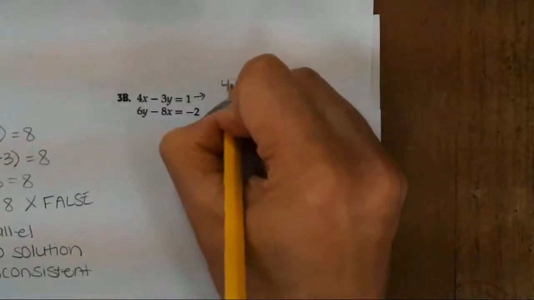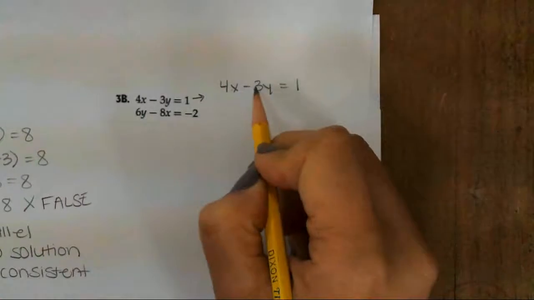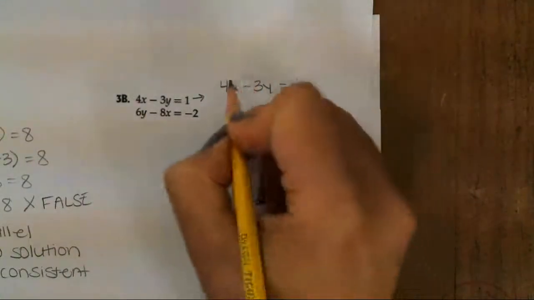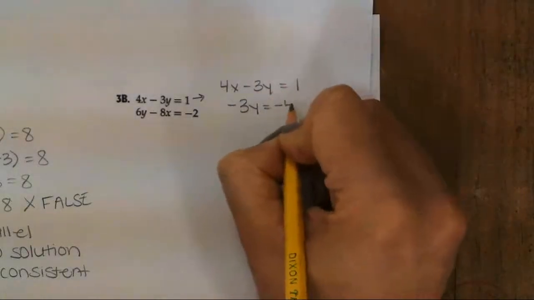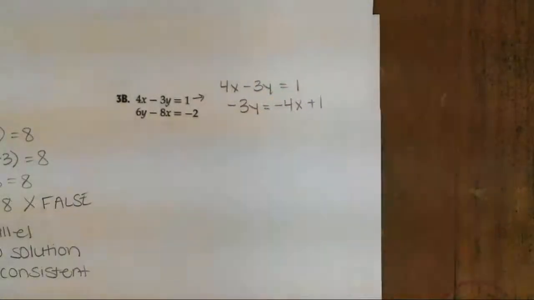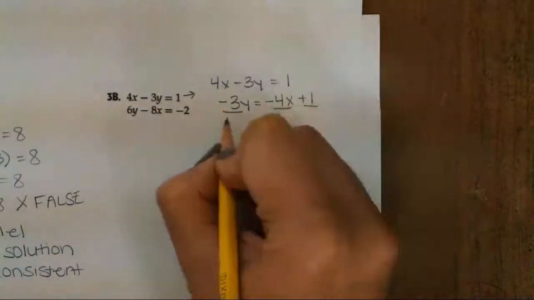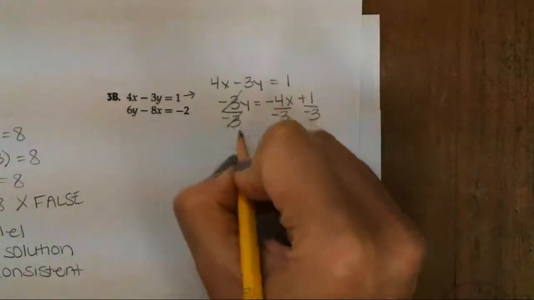So I have 4x minus 3y equals 1, and I want my y by itself. I'm going to subtract my 4x from both sides, which gives me negative 4x plus 1 on that side. If I divide everything by negative 3 to get y by itself, I'm going to be working with fractions.